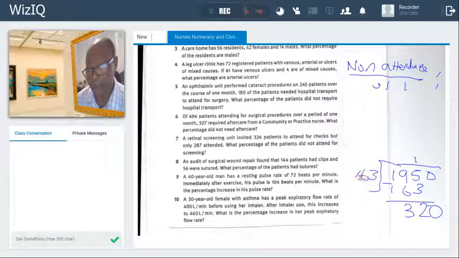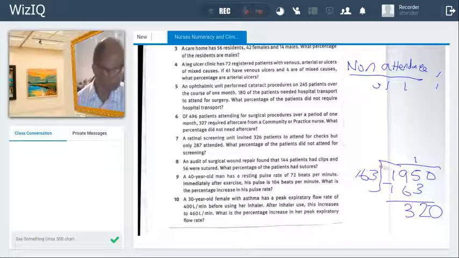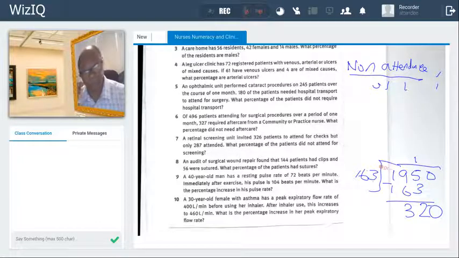If I double this, what would it become? 2 times 3 is 6. 2 times 6. Hold on. Double check here. It's 19, 50. Doesn't look right, is it?